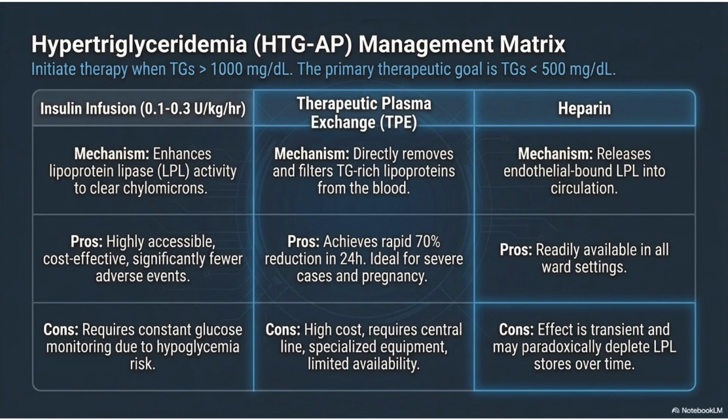Now, this is more procedural, more, I would say, resource heavy. The pro is that you achieve a rapid 70% reduction in 24 hours, and it's ideal for severe cases in pregnancy, but the con is high cost. It's going to require a central line, and you need a nephrologist to perform this procedure.